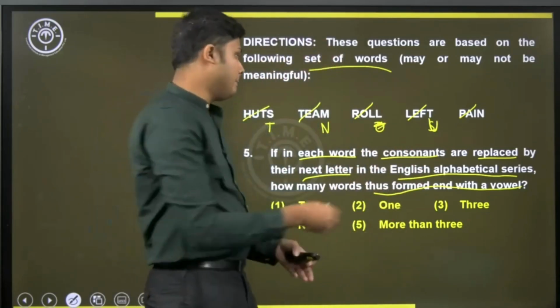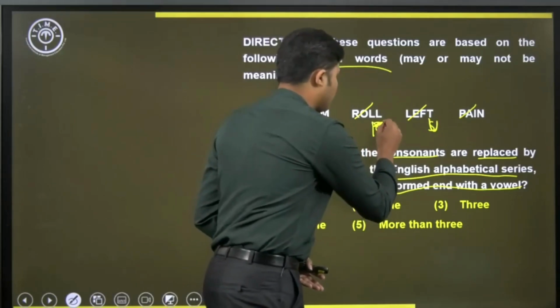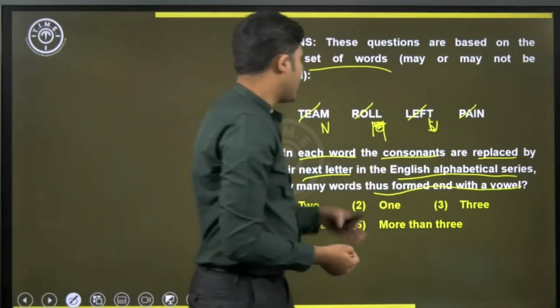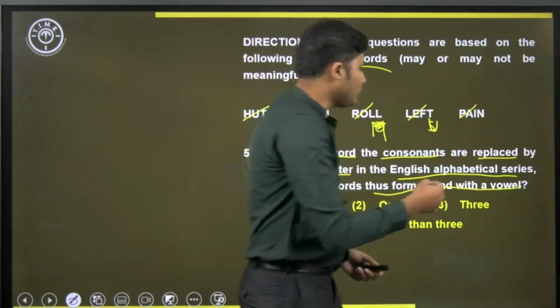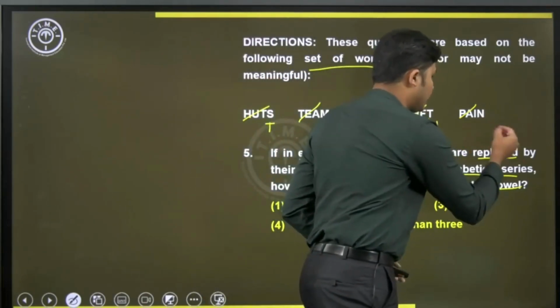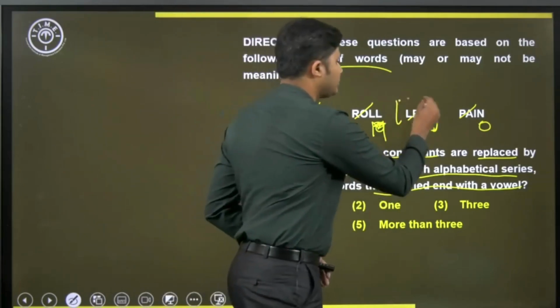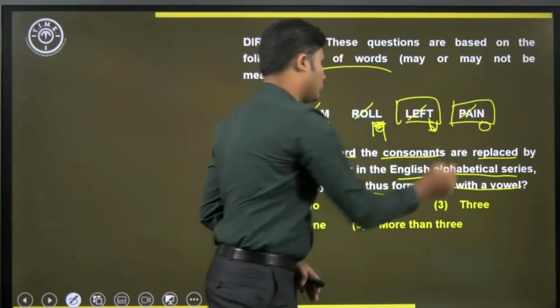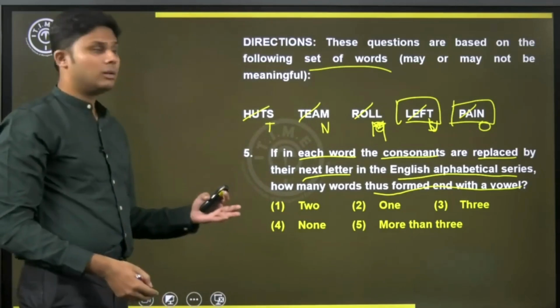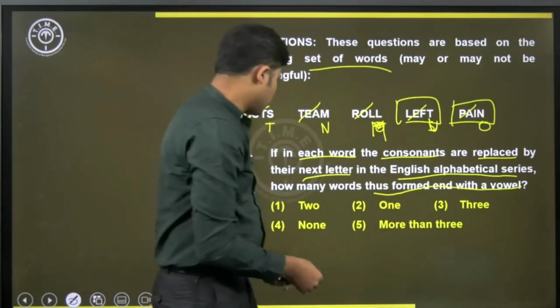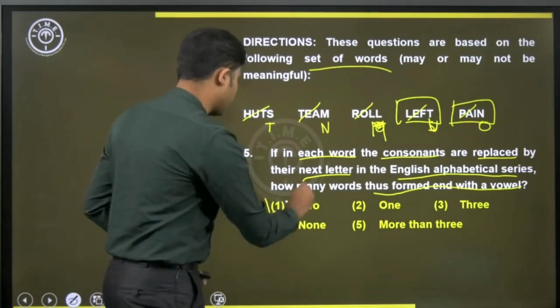After L it's M, and after T it's U, and after N it's O. So you can see only two words end with a vowel, which is given in choice 1.